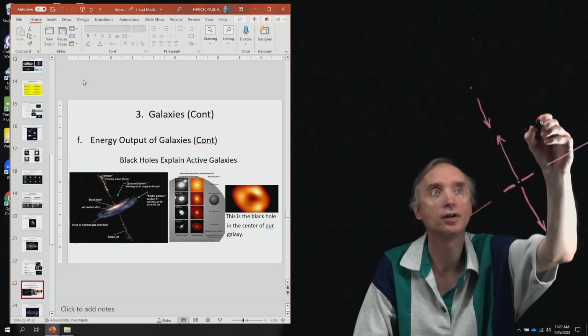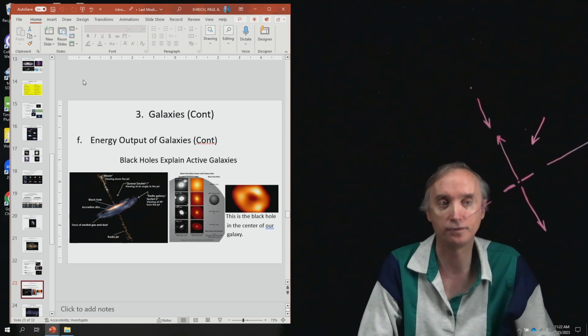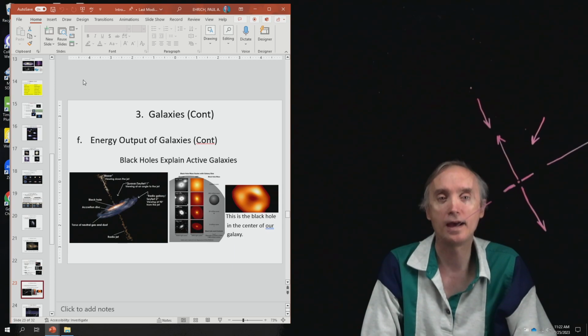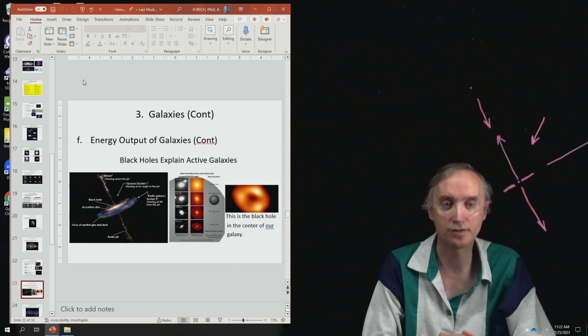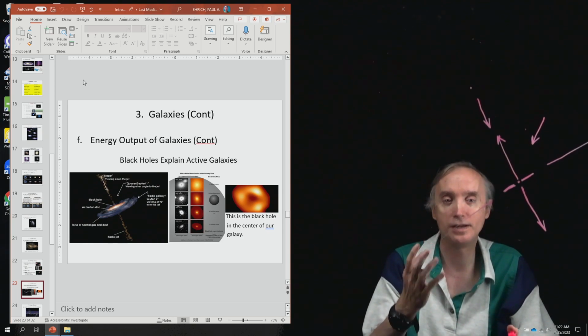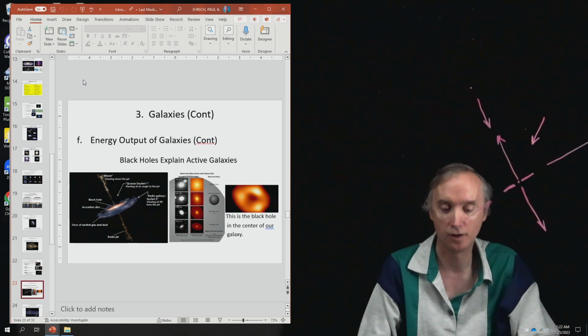And if you're looking in this direction, you're going to see yet a different kind of galaxy. So we think that all active galaxies, galaxies that are giving off lots of different kinds of radiation, are basically the same kind of galaxy, but we're looking at it from different viewpoints.